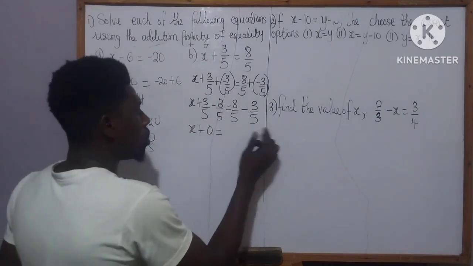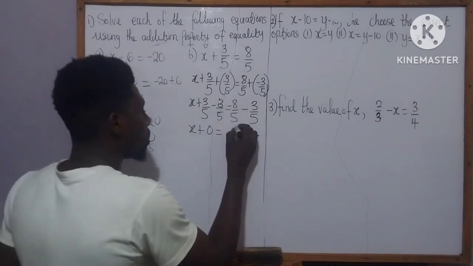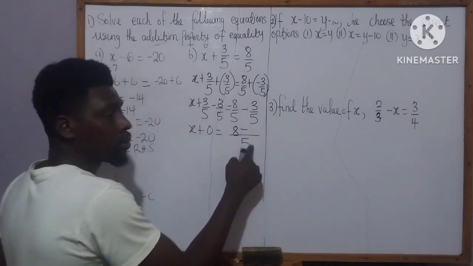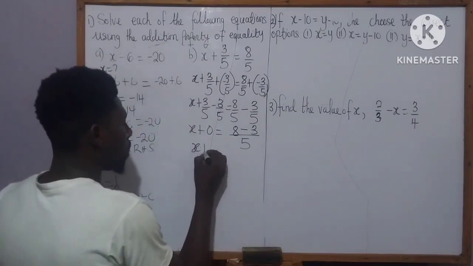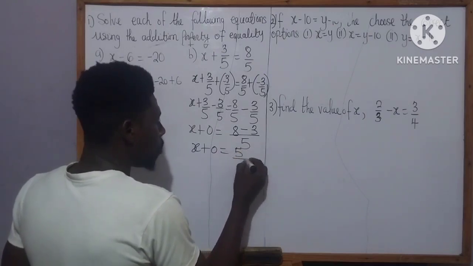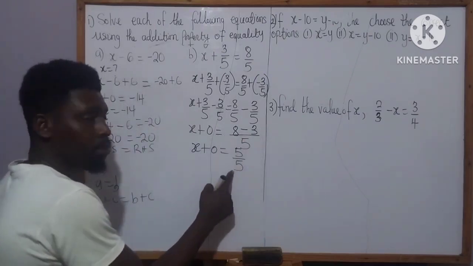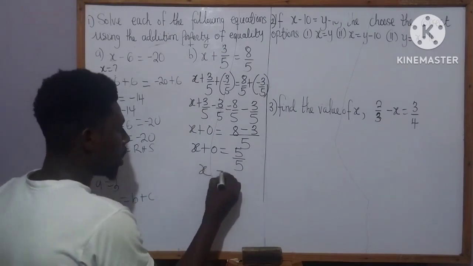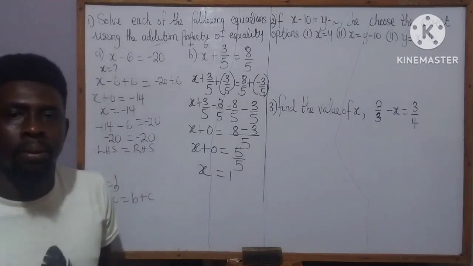So we find our common denominator, which is 5. 5 goes into 5 one time, giving me 8, minus 5 goes into 5 one time, giving me 3. Hence, x plus 0 is going to give me what? 8 minus 3 gives me 5 all over 5. Hence, x is equal to 5 divided by 5, which is going to give me 1.